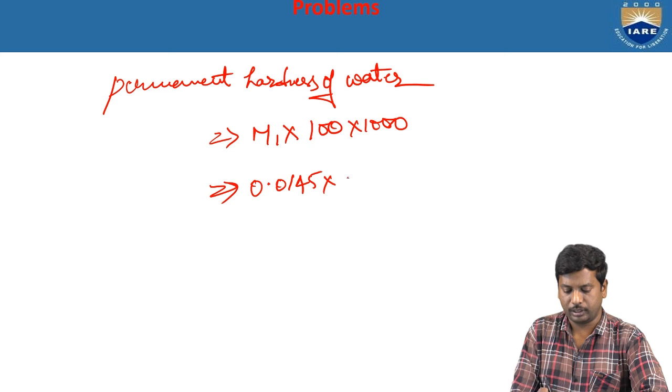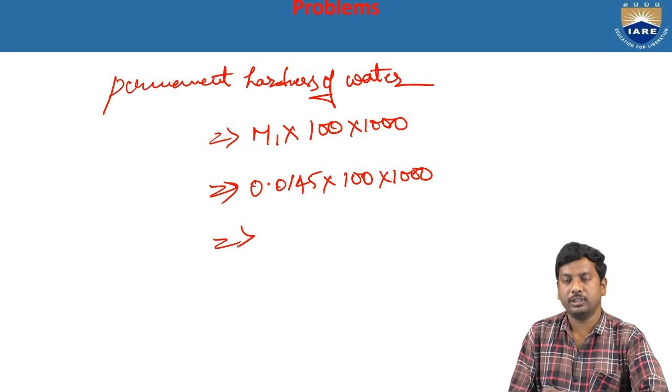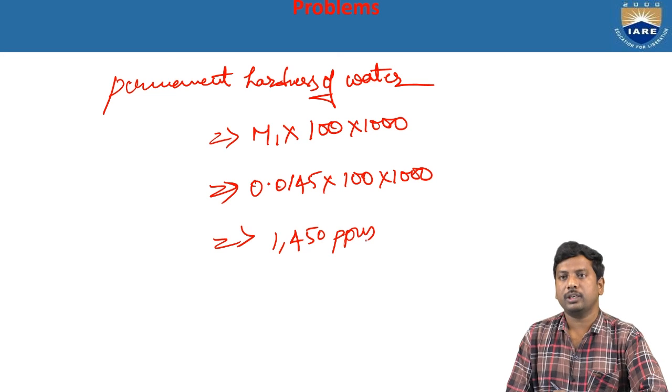So 0.0145 into 100 into 1000. Finally, we got 1450 ppm. Okay, so this is the solution for model problem 3.